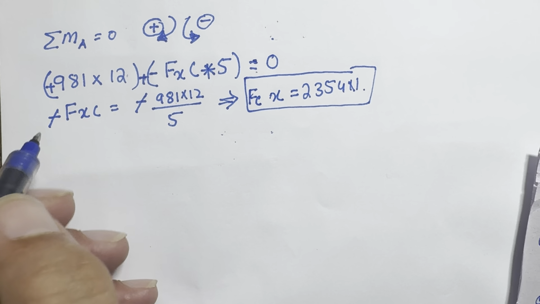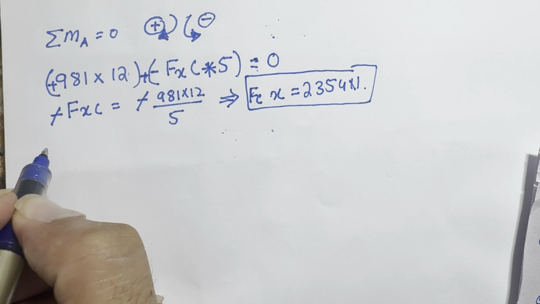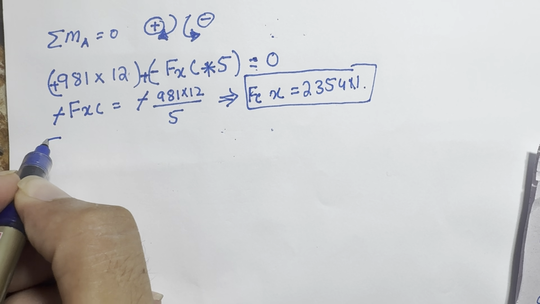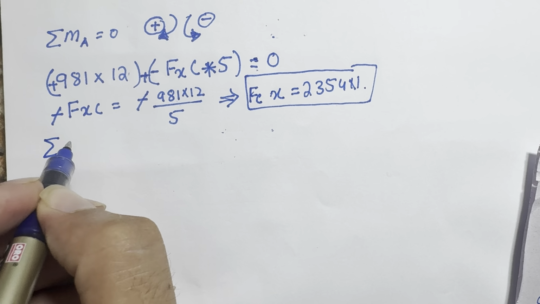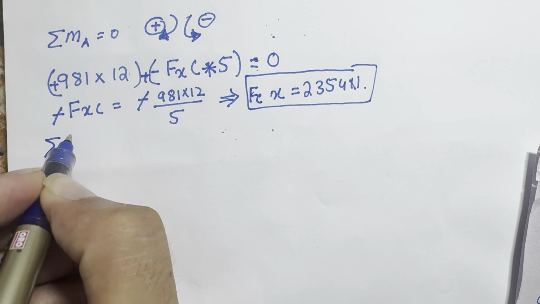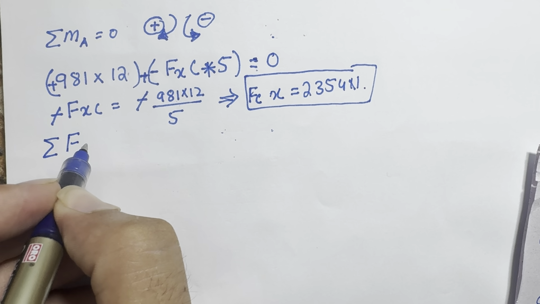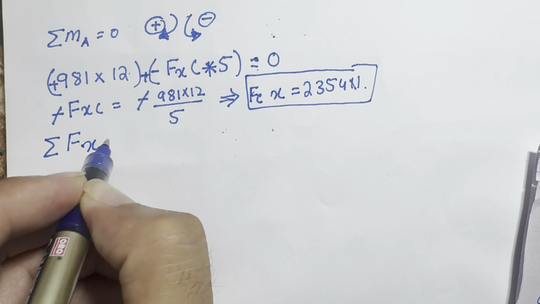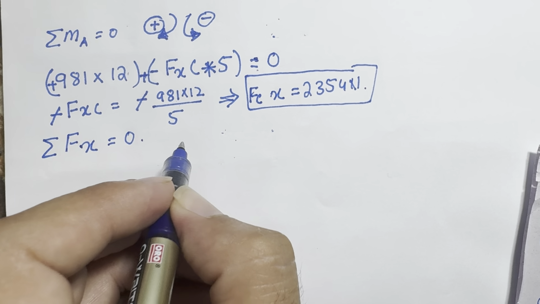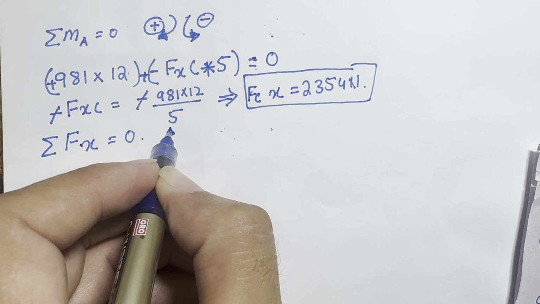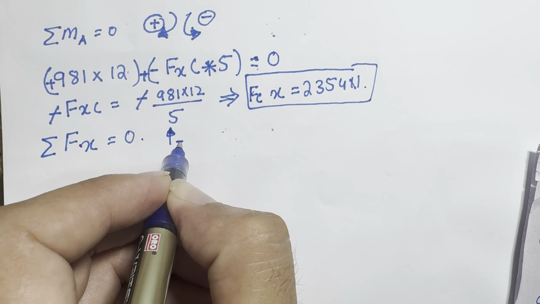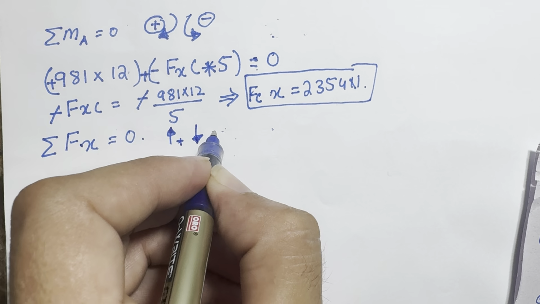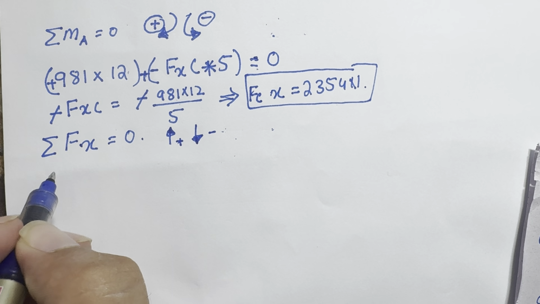Now I will take the summation of all horizontal forces equal to 0, Fx equal to 0. When the force is directed upward, I take it positive; if directed downward, I take it negative.